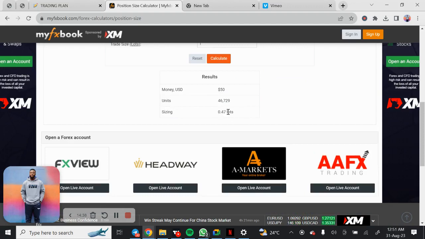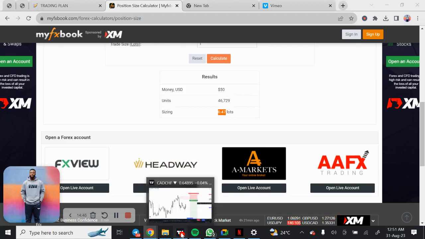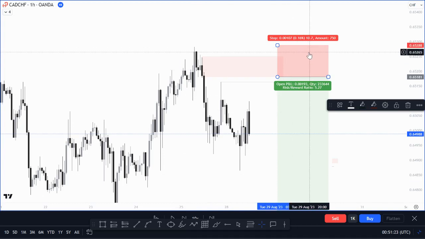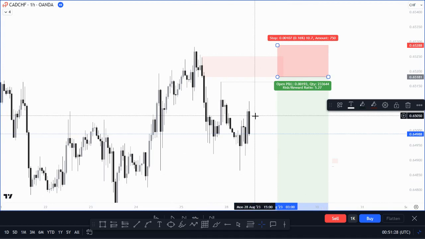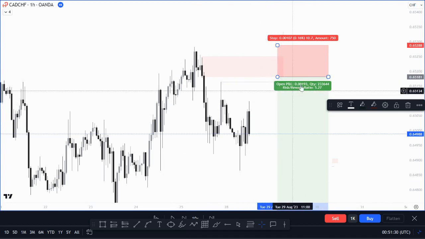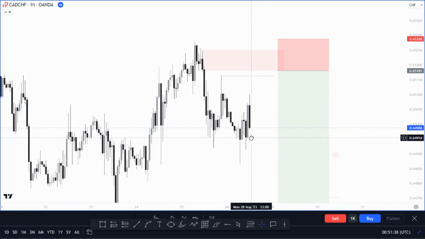So if you risk exactly this lot size here, you are risking $50 on this trade. You understand? In as much as you are using a 10.7 pip stop loss, if this trade should go against you, you are only risking $50. If this trade should go in your favor, you are still gaining the same $250. It is as easy and as simple as that. So after this, your markup.